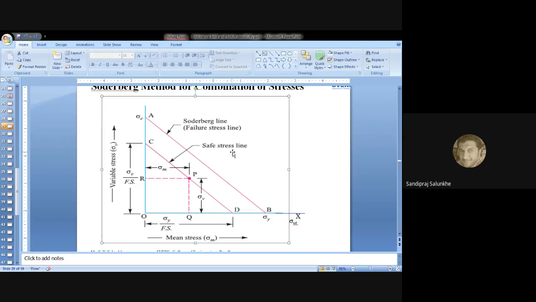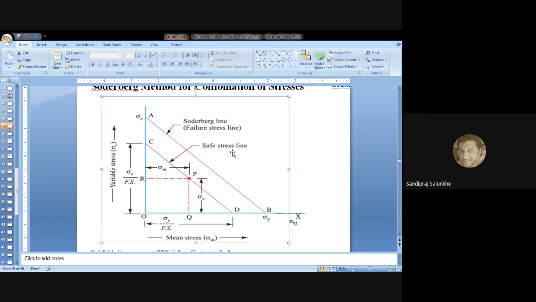Before moving to the next slide, let me know, do you have any questions regarding Soderberg and Goodman? I have compared the two diagrams.